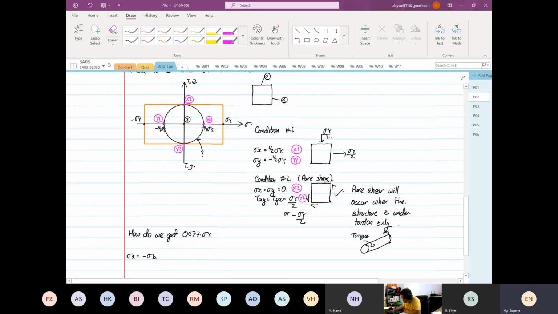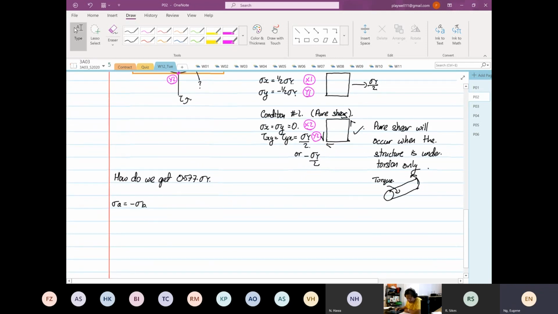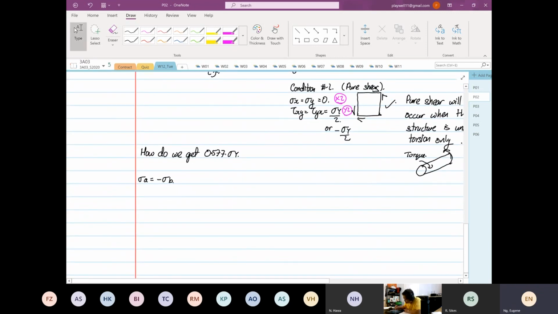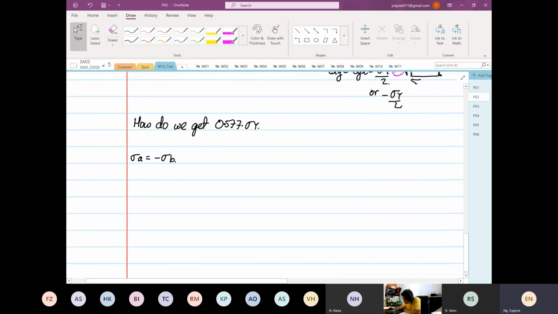So stress A is equal to minus stress B, and we're going to substitute into equation number 1: stress A squared minus stress A stress B plus stress B squared is equal to stress U squared.